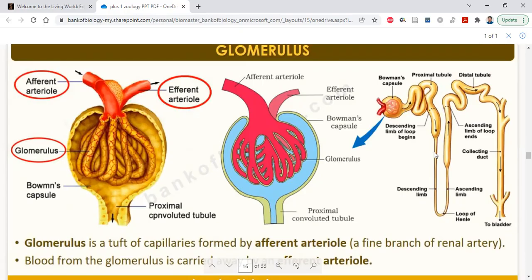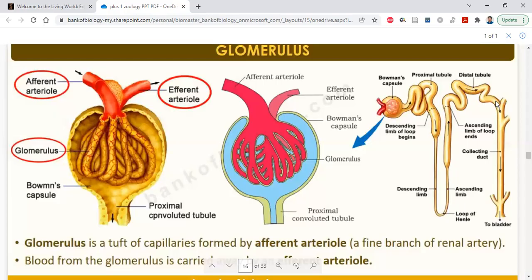One is the descending limb of the loop of Henle, and another is the ascending limb. The ascending limb is narrow in the loop, but widens as it moves towards the cortex and the distal convoluted tubule.